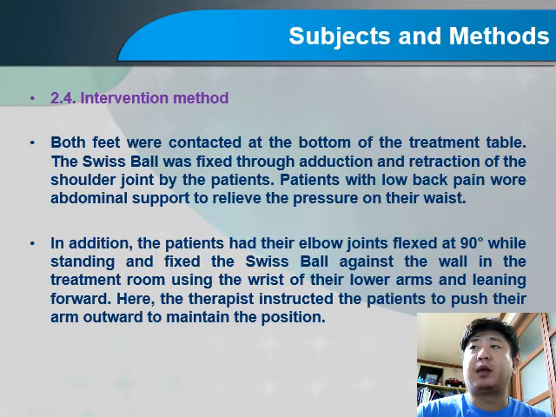Patients with low back pain were given abdominal support to relieve the pressure on their waist. In addition, the patient had their elbow joint flexed at 90 degrees while standing and fixed the Swiss ball against the wall in the treatment room using the wrist of their lower arm and leaning forward. Here, the therapist instructs the patient to push their arm outward to maintain the position.